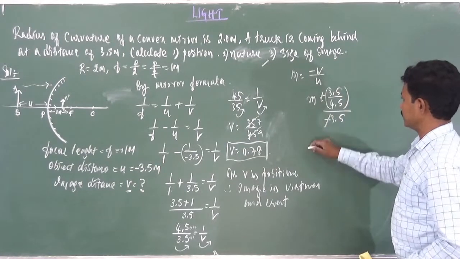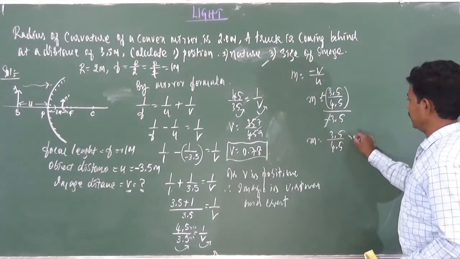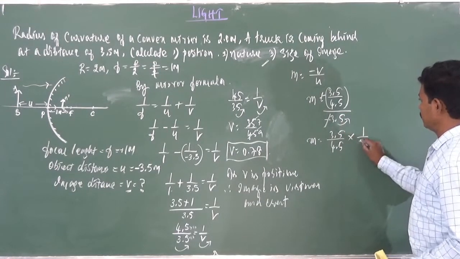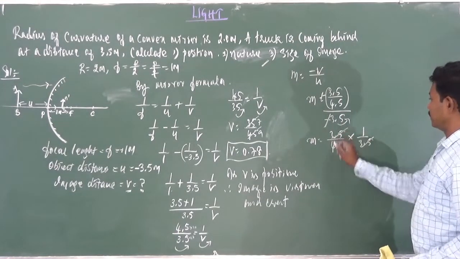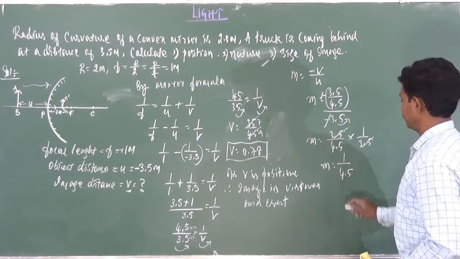So minus cancels. So M is equal to 3.5 by 4.5 into, take reciprocal of this, 1 by 3.5. 3.5 cancels. So M is equal to 1 by 4.5.